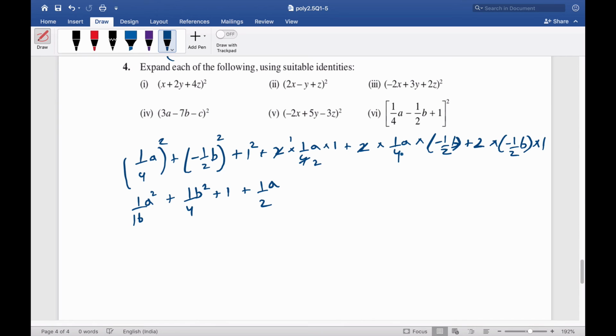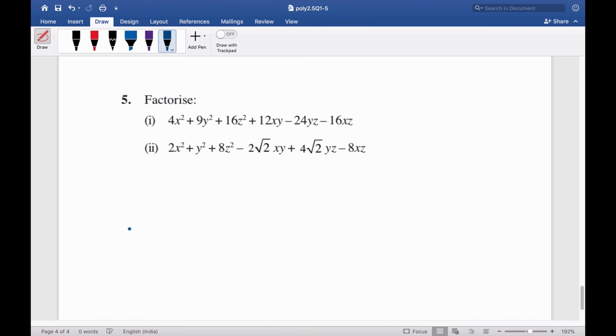This and this will get reduced, so I will be left with negative 1 upon 4ab. Over here I will be left with minus b. So now you can see there are no like terms, so this will be my final answer.